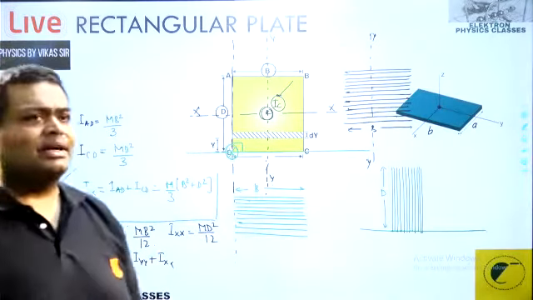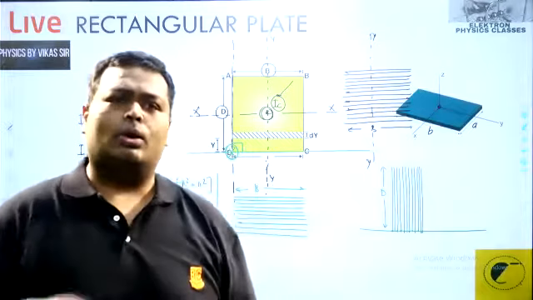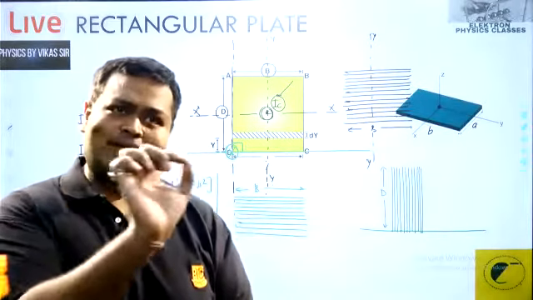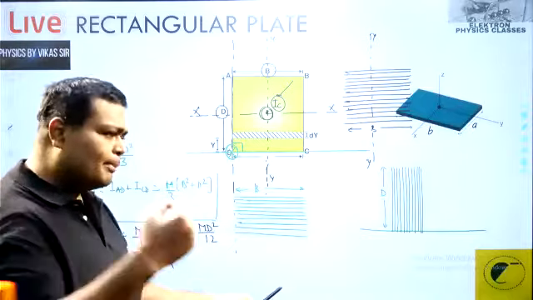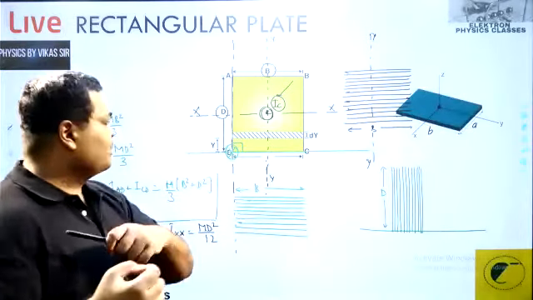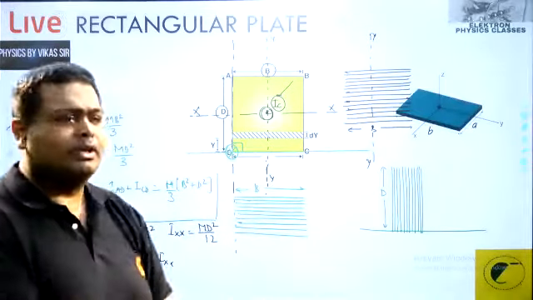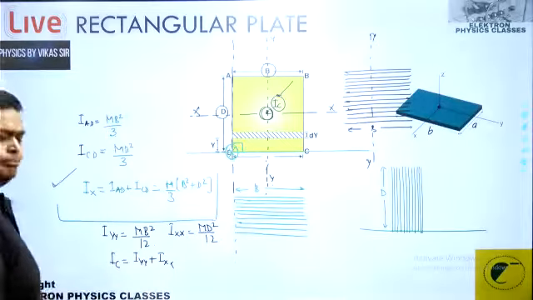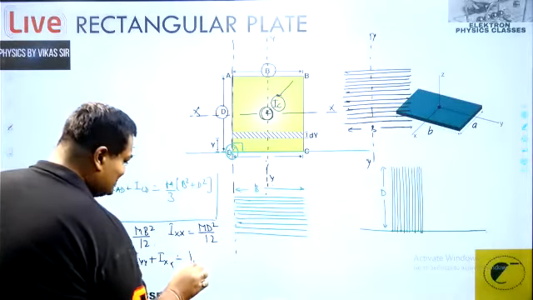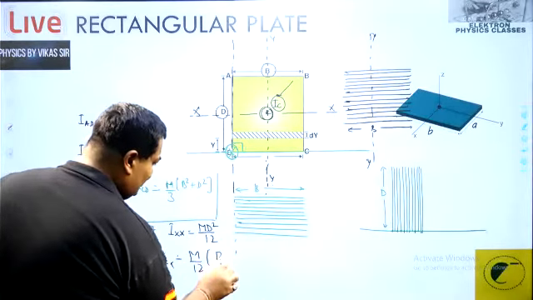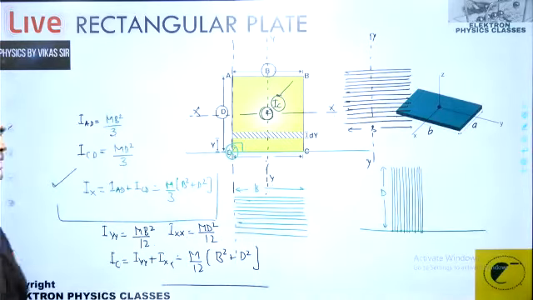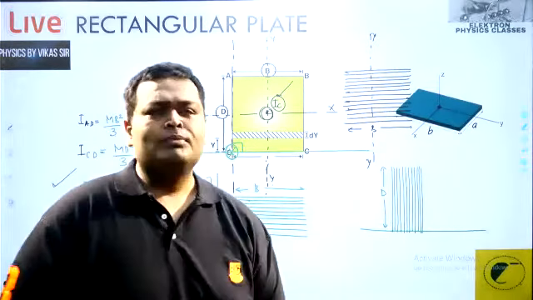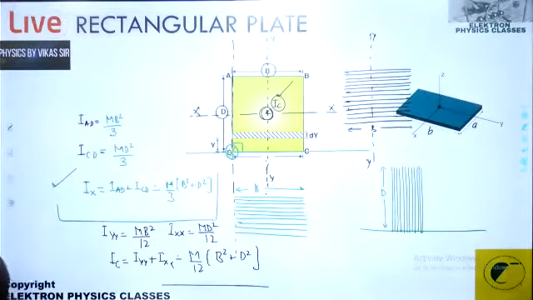We do remember the condition of the perpendicular axis theorem that all three axes must be passing through a single point. Two of them should be in the same plane, the third perpendicular to the plane, and the axis perpendicular to the plane has a greater moment of inertia because that comes from the addition. And therefore this value, that is m upon 12 into b square plus d square, works as my result. So there are questions within questions, right? And we are able to do so.